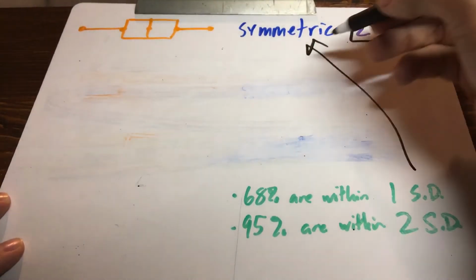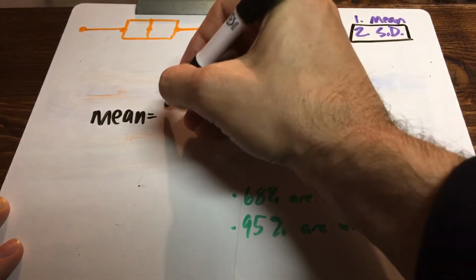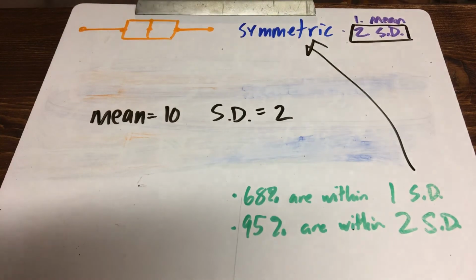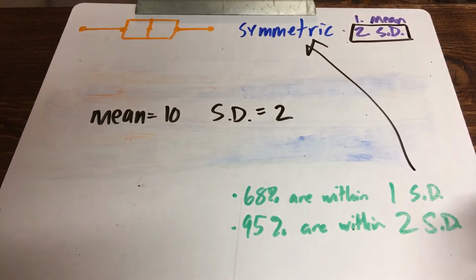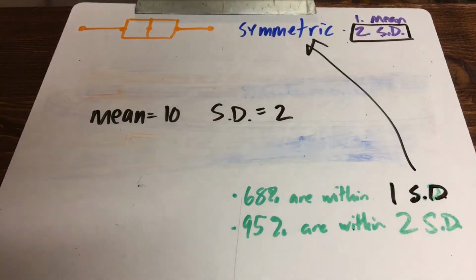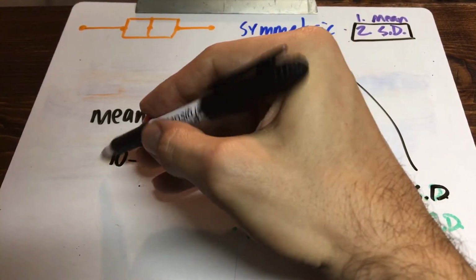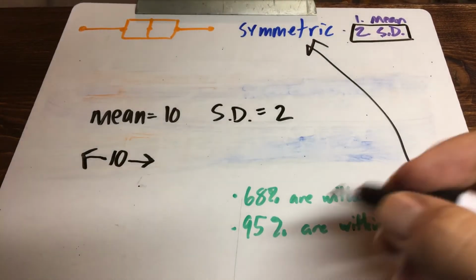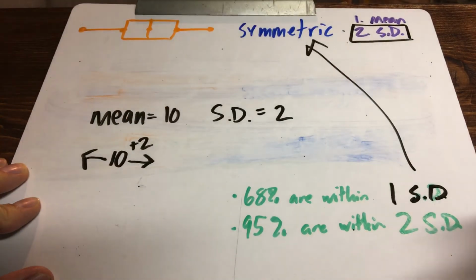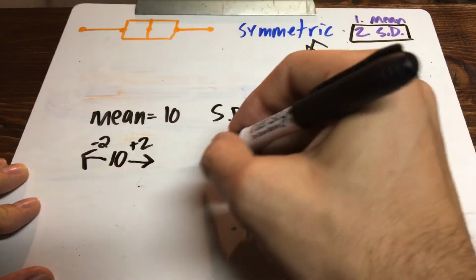So for example, if I said, hey, this data is symmetrical, and I told you the mean was, let's just say the mean was 10, and then if I told you the standard deviation was 2, I would know that 68% of my numbers are within 1 standard deviation away from the number 10. That would mean 68% of my numbers are in between 2 places above 10 or 2 places below 10, right? And so if you just took the number 10, think about it, what would be 2 places bigger than 10? 2 places bigger than 10 would be 12, and 2 places below 10 would be 8.